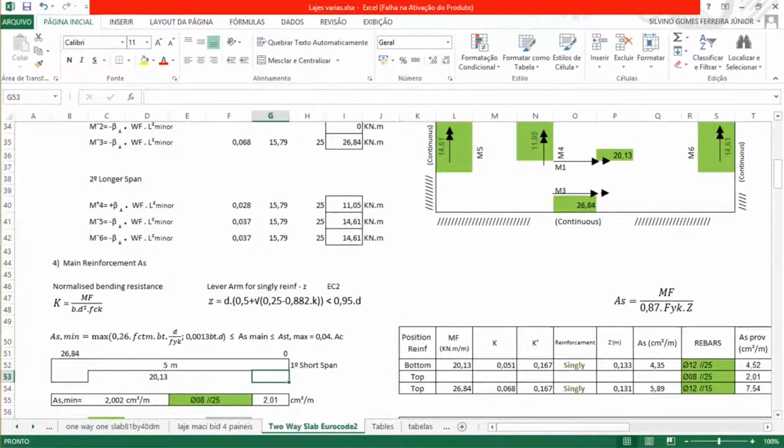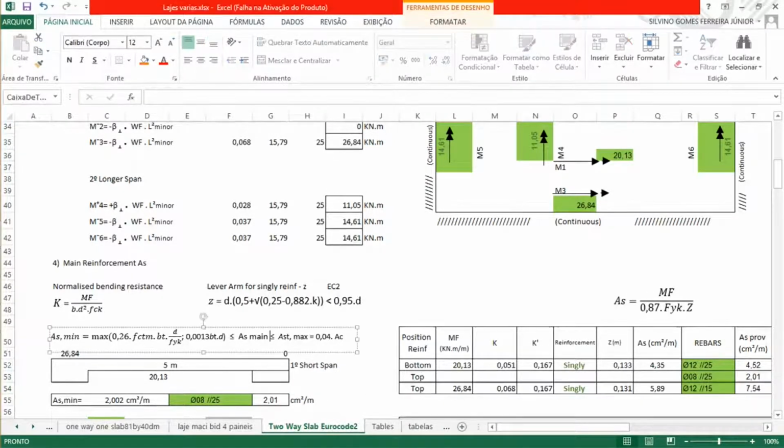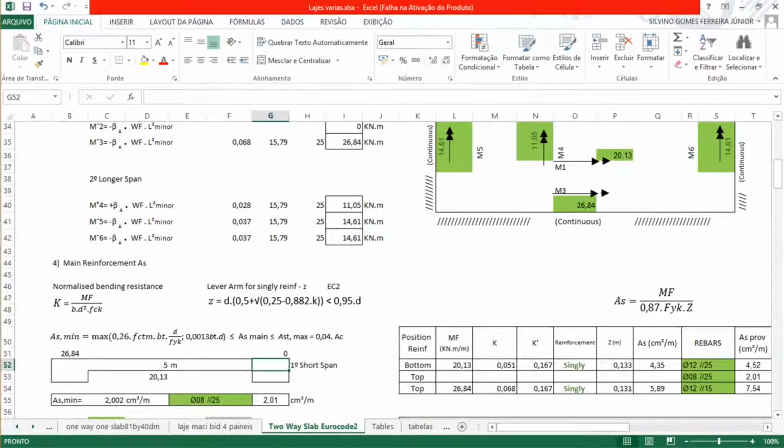And here the slab is simply supported, and it can easily go up or down, and this is why we consider on this corner moment 0. On this other corner there will be negative moment, and here on the bottom we consider a positive moment.